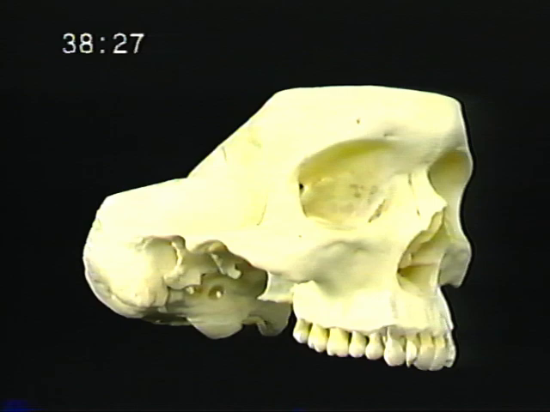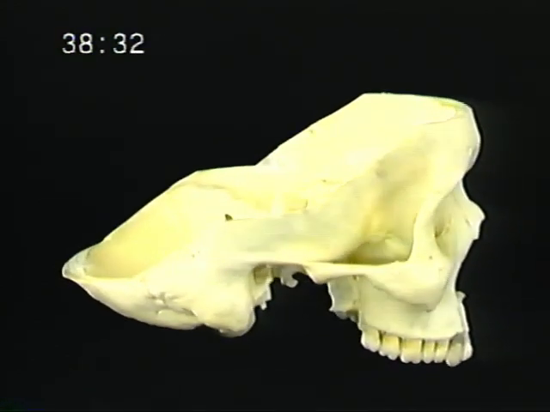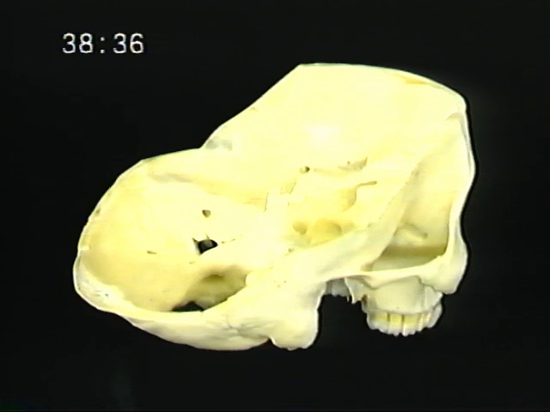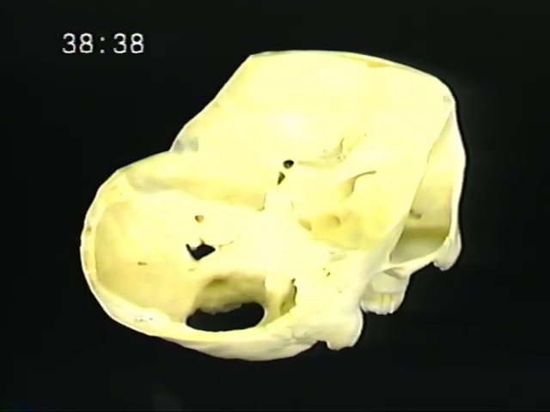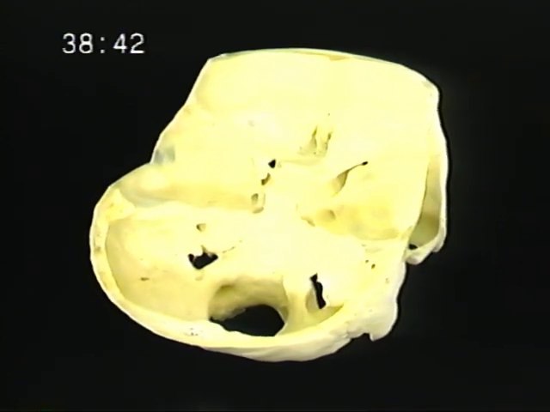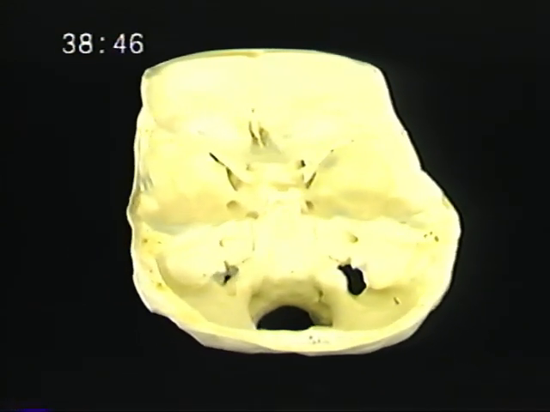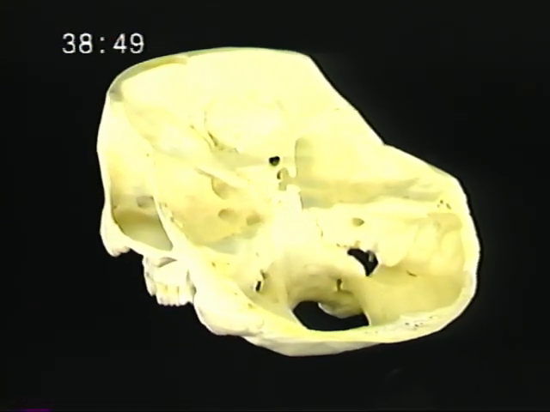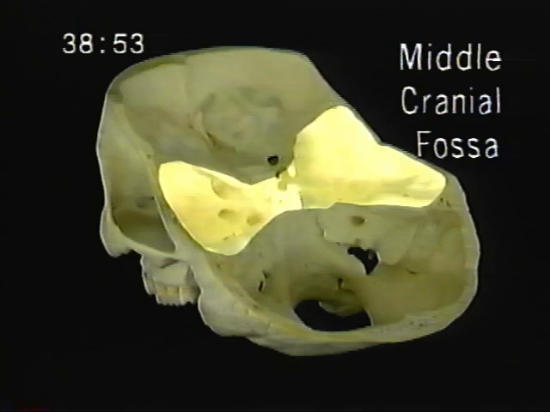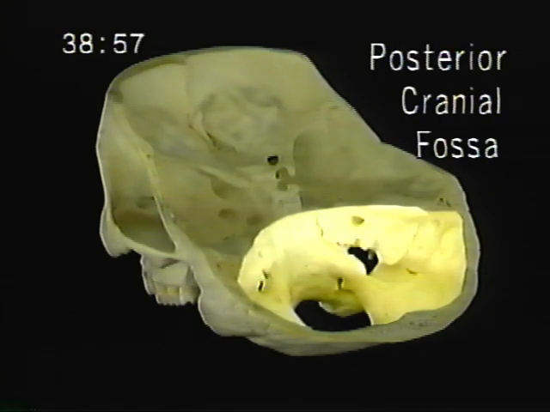This special skull has been cut away at a series of levels that are just above the floor of the cranium. The way it's been cut reflects the fact that there are two big steps in the floor of the cranium, formed by the sphenoid ridges and the petrous temporal bones. These divide the floor of the cranial cavity into three parts: the anterior cranial fossa, the middle cranial fossa, and the posterior cranial fossa.